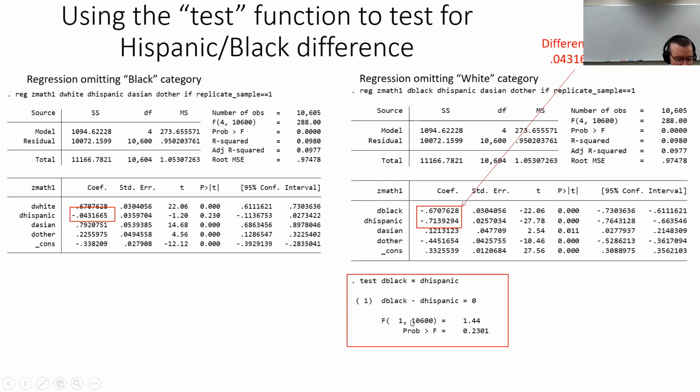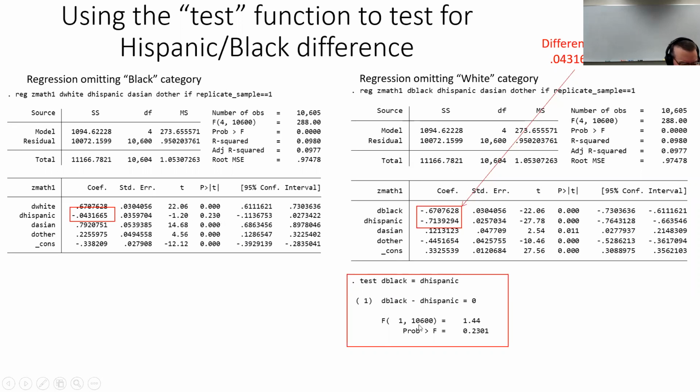And what it tells you is that the F is 1.44 and the probability level is 0.2301. 0.2301 is the same as the probability level you get over in this left-hand regression.